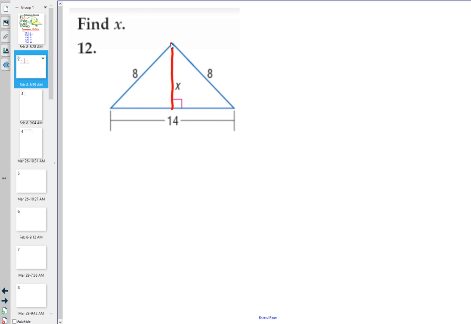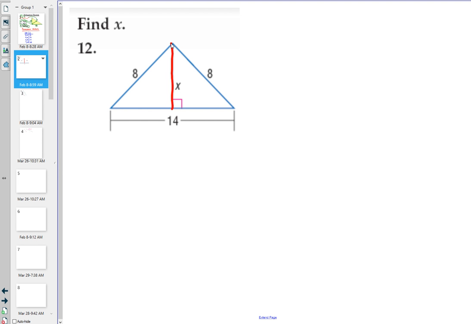You also saw them on the construction. It is an altitude. Thank you very much. By definition, it's an altitude.